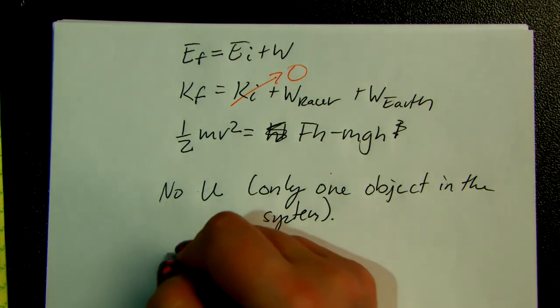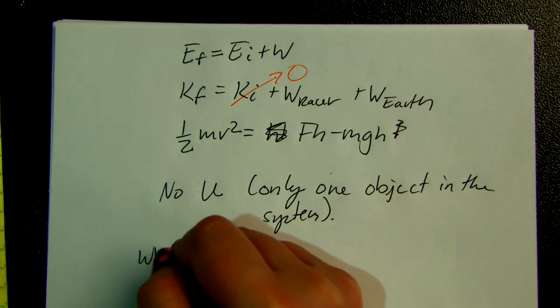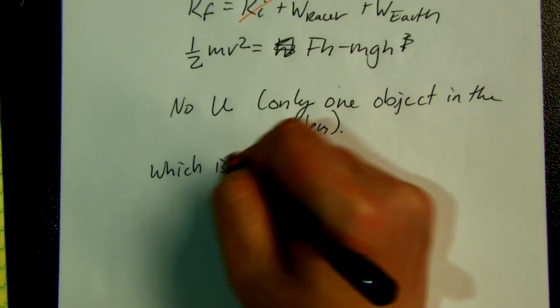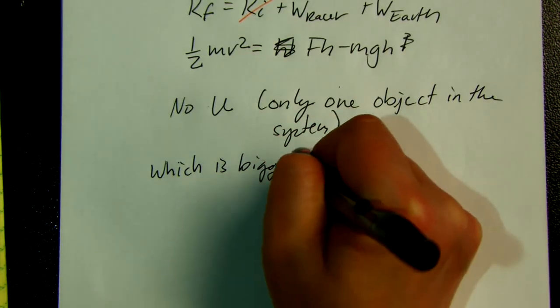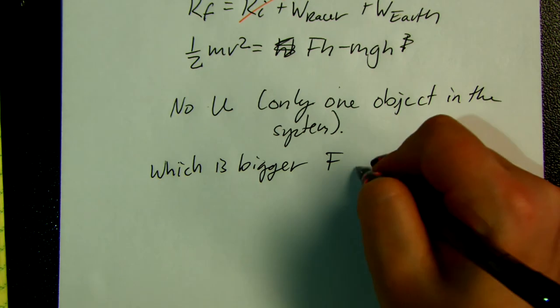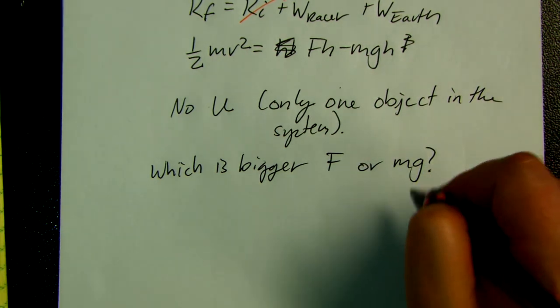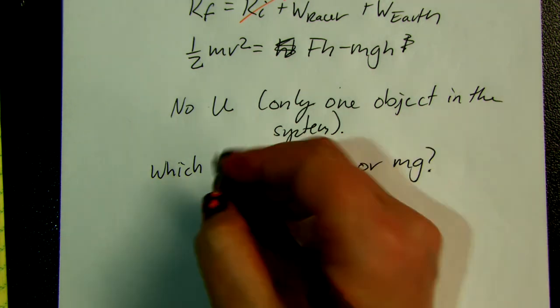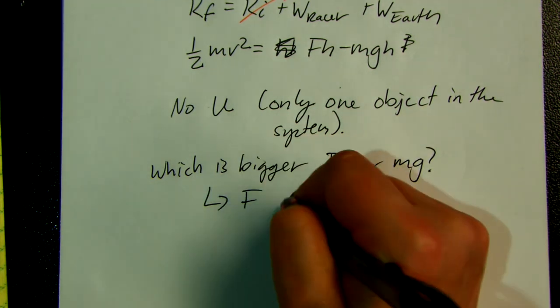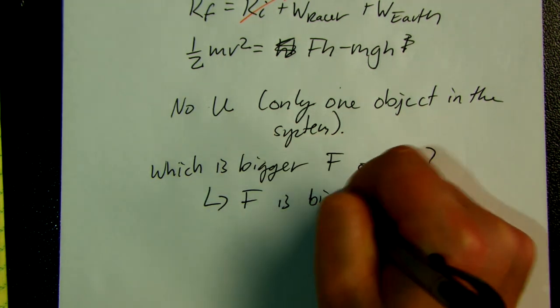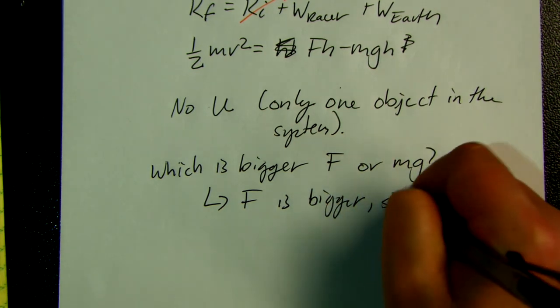And I could ask you which is bigger, the force or mg? And the answer should be obvious. She's overcoming mg to lift up her bike. So F is bigger.